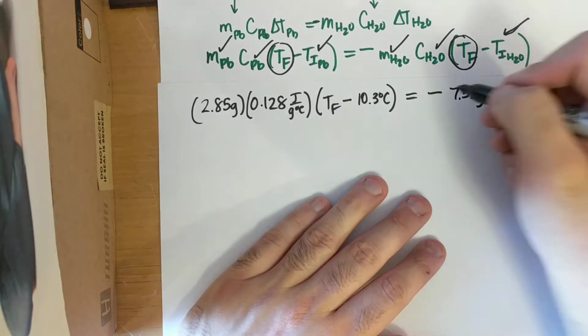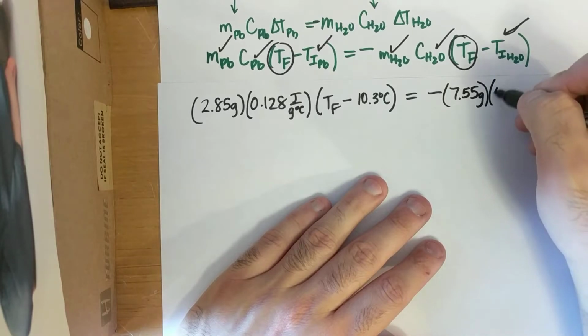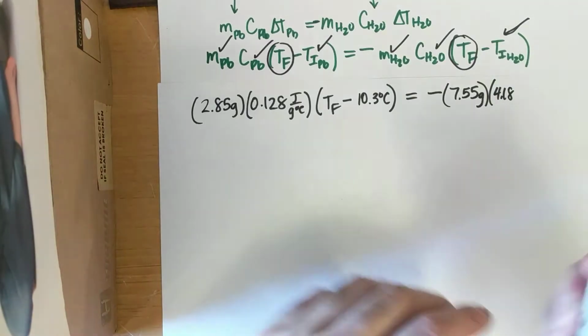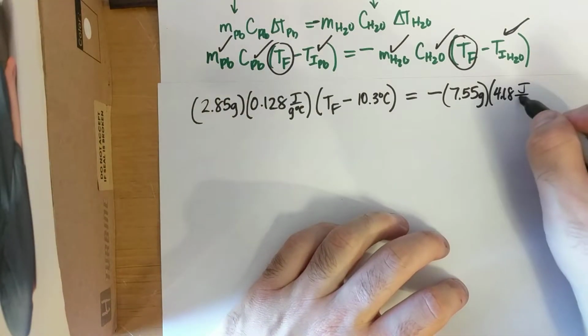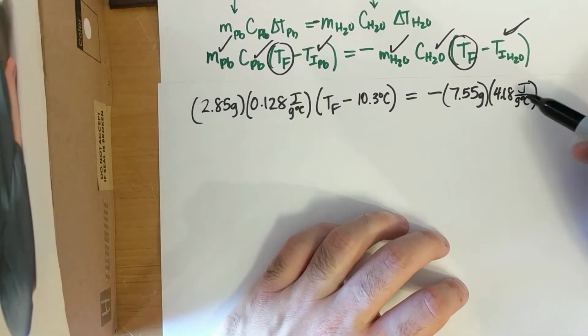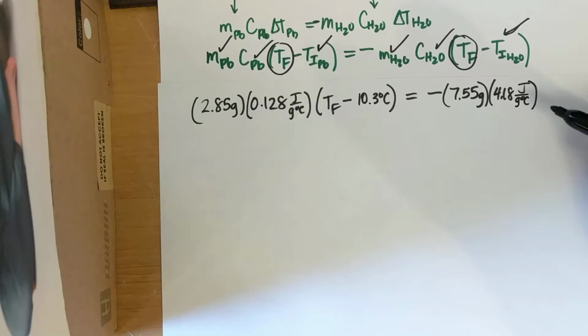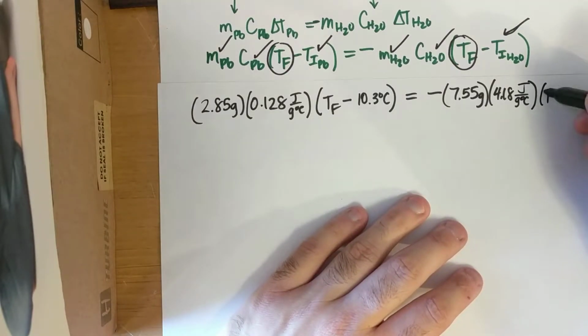My specific heat capacity of water was 4.18 joules per gram degree Celsius. Notice how I keep on putting all these units in. And then don't forget what specific heat capacity is. Specific heat capacity is the energy required to raise 1 gram of a substance by 1 degree Celsius. And then T final minus 52.3 degrees Celsius.